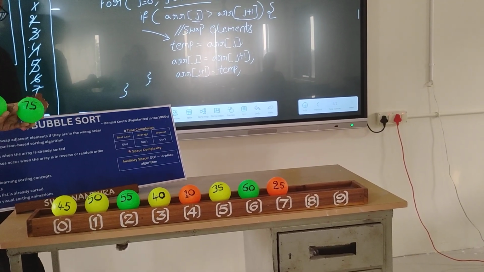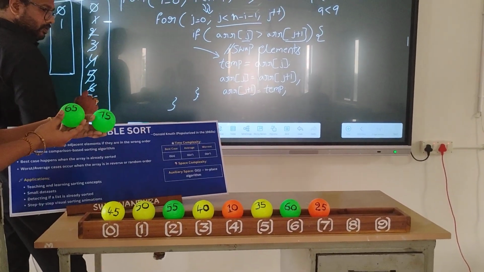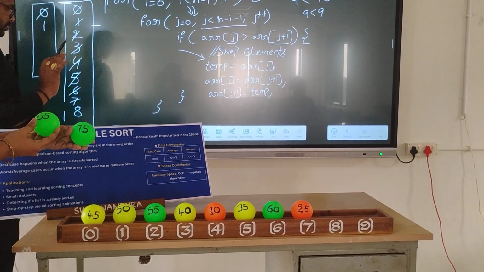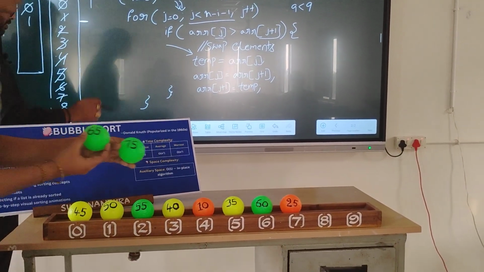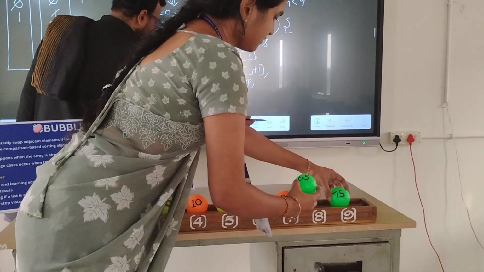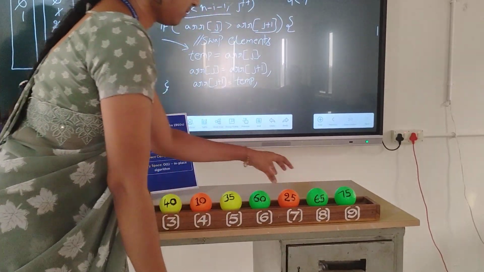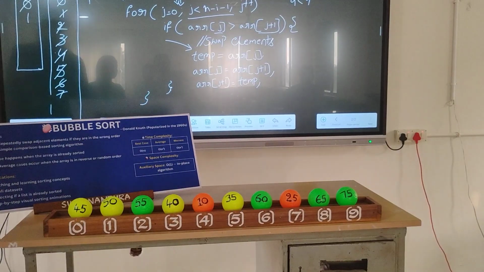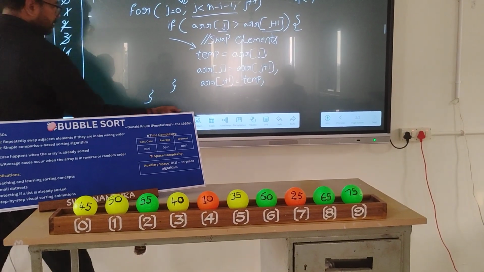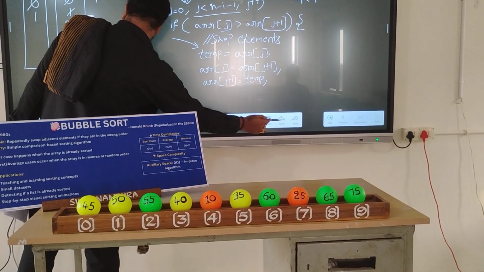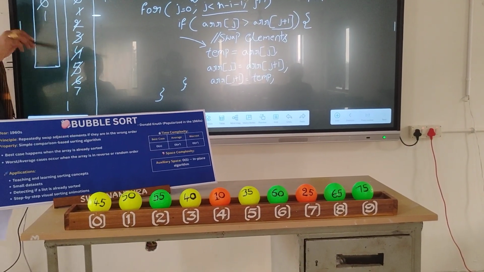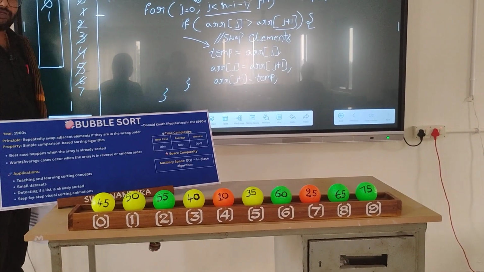Last two elements are there. Now J value is 7 and J plus 1 value is 8.